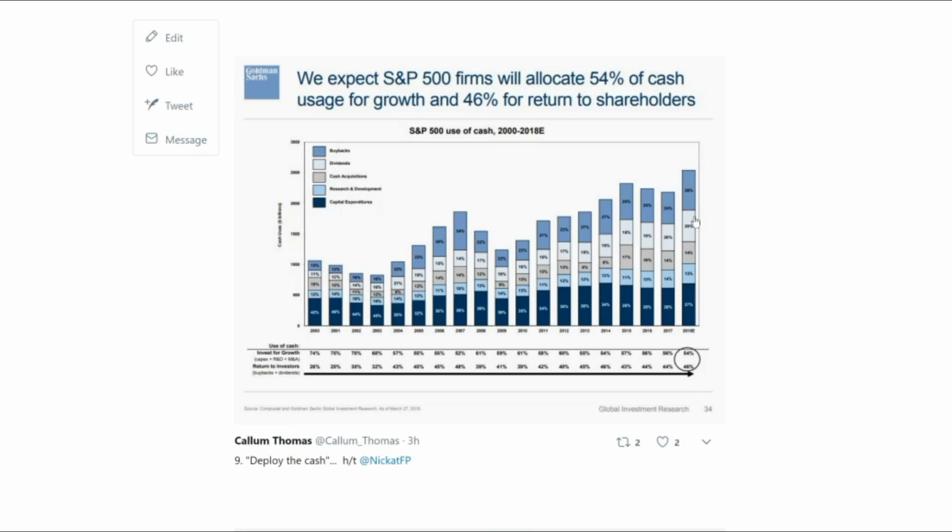So growth in dividends is going to remain pretty decent. If this chart is anything to go by, both of those factors, all else equal, tend to be pretty positive for stocks.